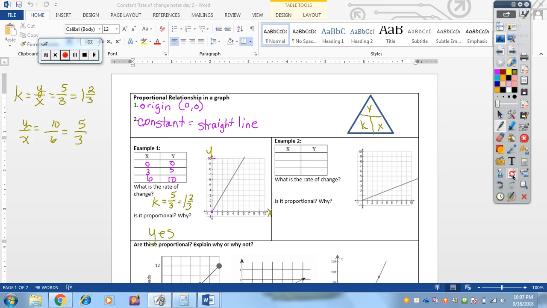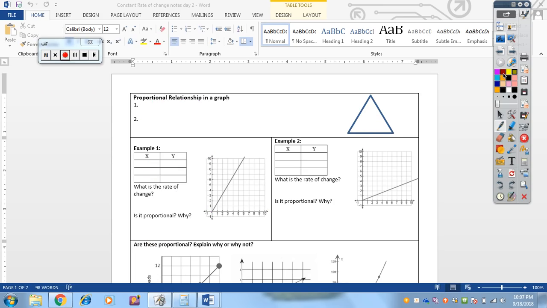Let's look at the next one. First of all, label your X and Y. I know I wrote it differently this time.